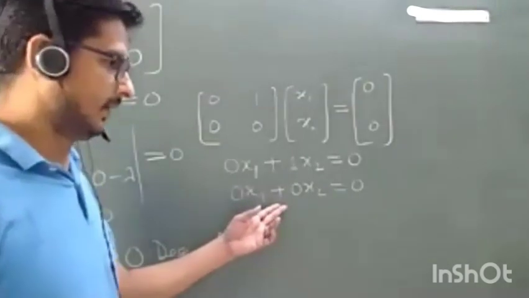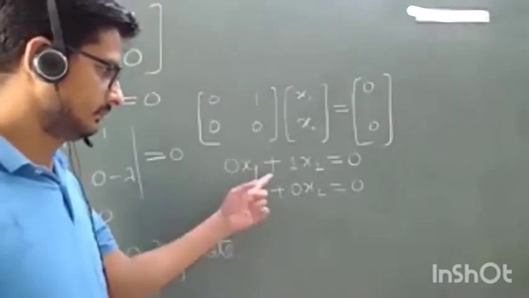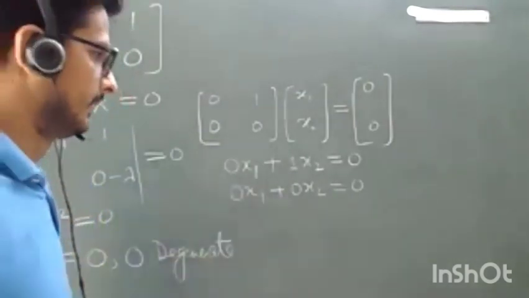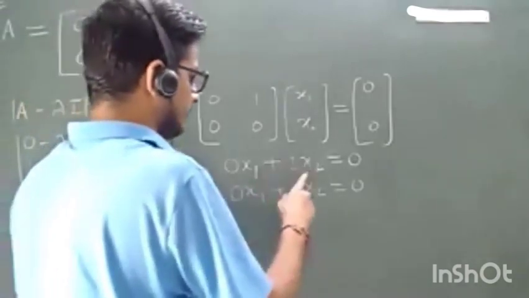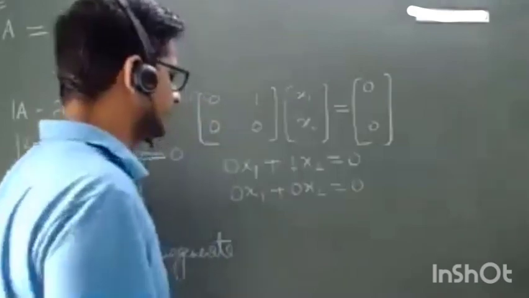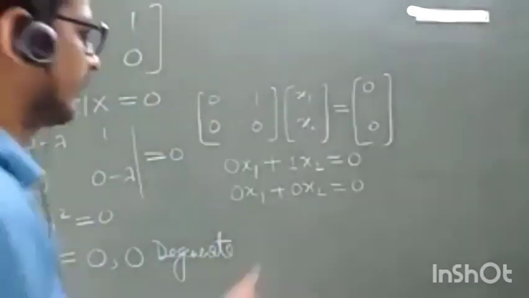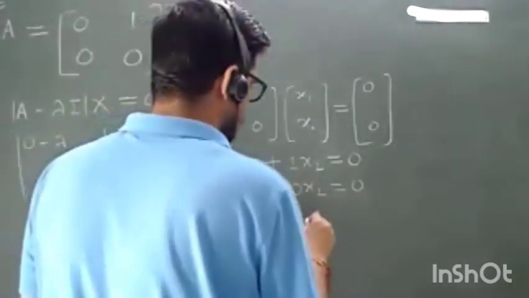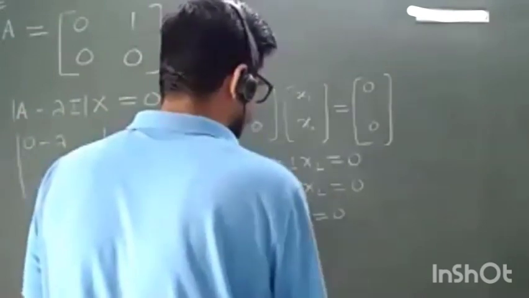So this will not serve any purpose. Only the first will. So according to this, x2 is for sure 0.